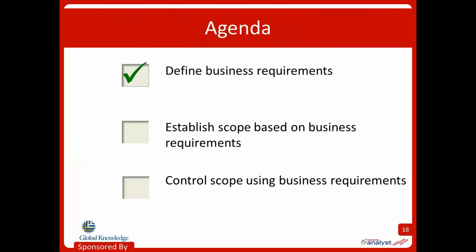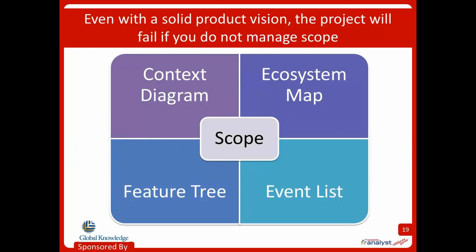Okay, let's now talk about 4 different scope models. So even if you have a solid product vision, the product's going to fail if you don't manage your scope. Point blankly, I'm just going to say that. So I'm going to talk about 4 different visual models that you can use.